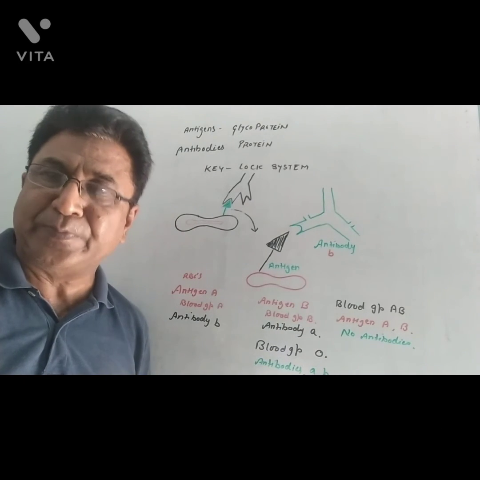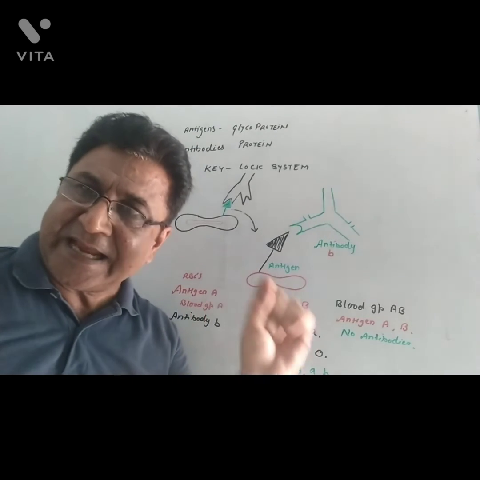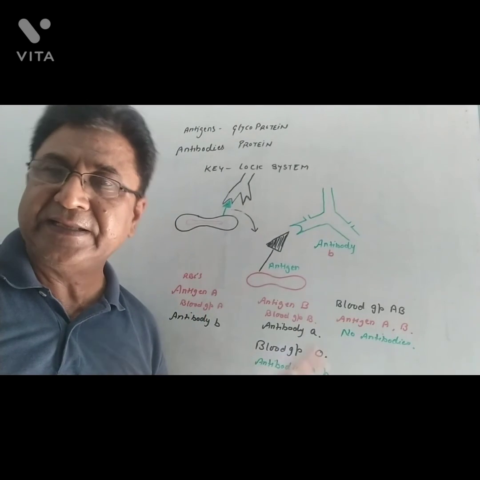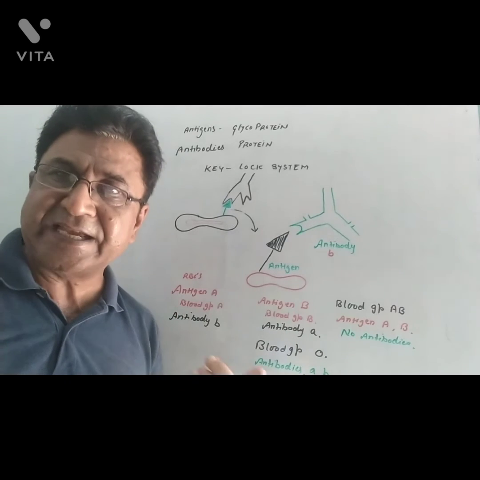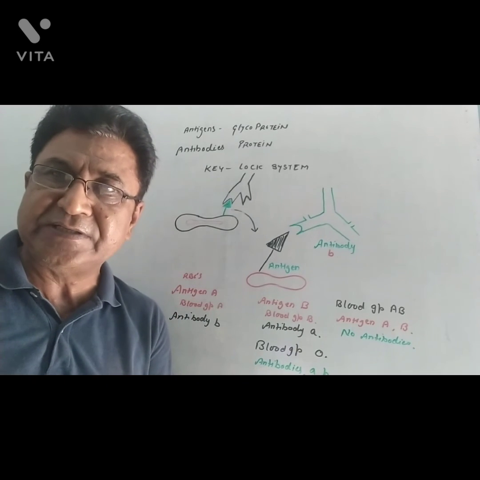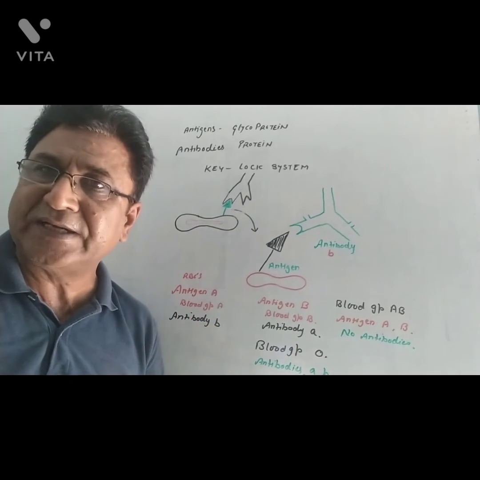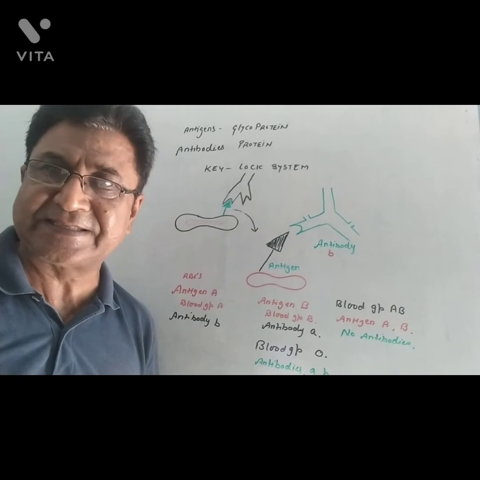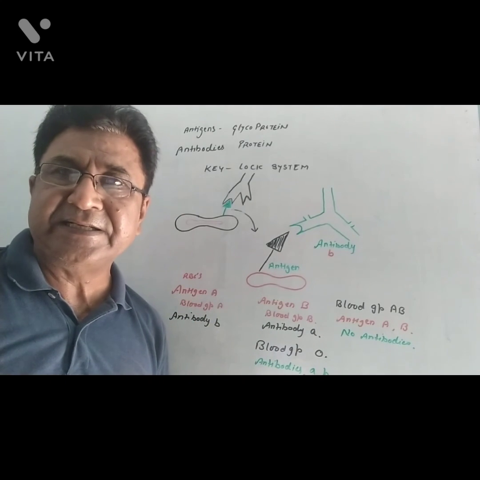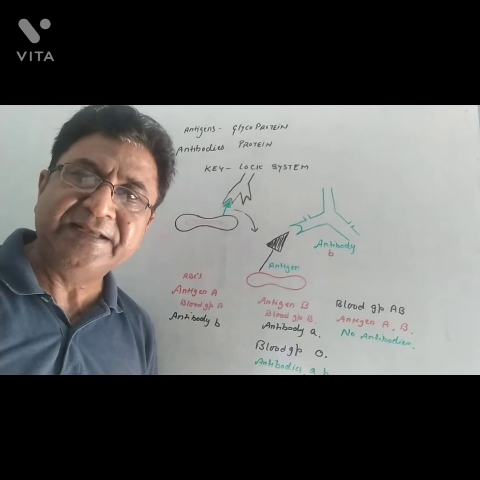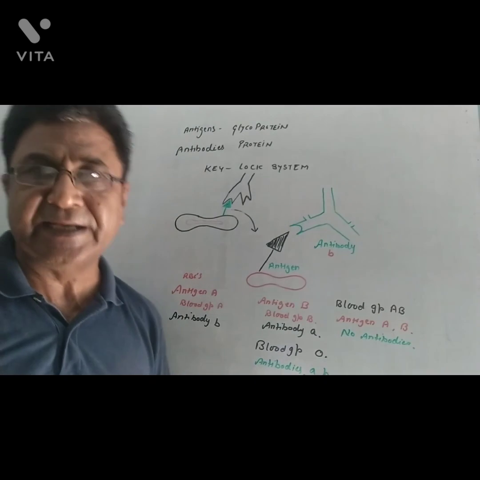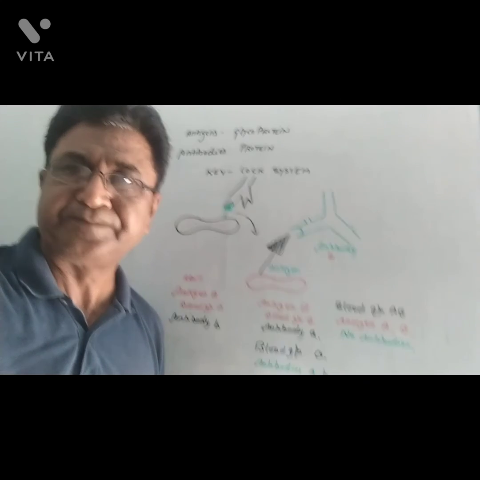So this way we can understand perfectly which antigen is present in the blood group and which antibody should logically be present in that blood group, so that coagulation does not take place. This is how antigens and antibodies are decided in the blood group. I hope it helps you. Thanks.